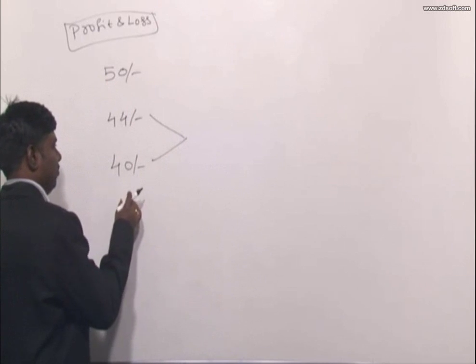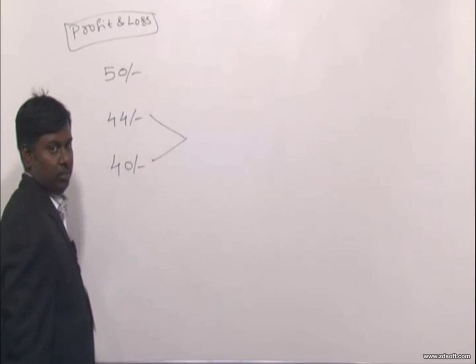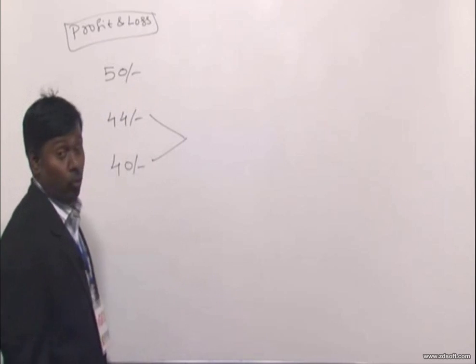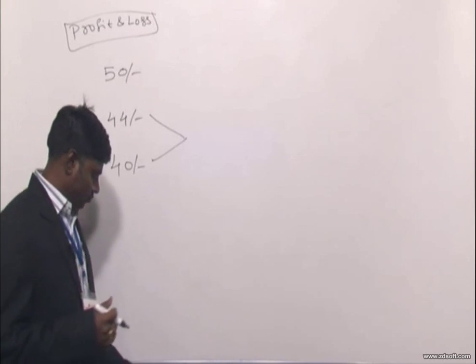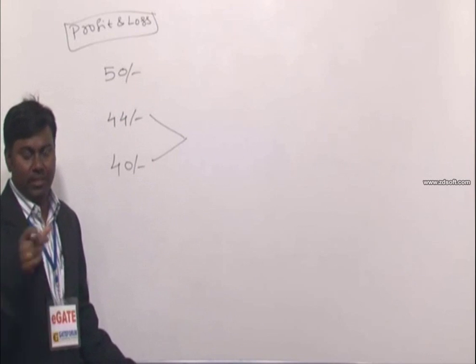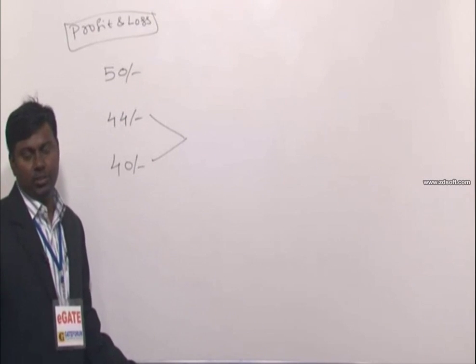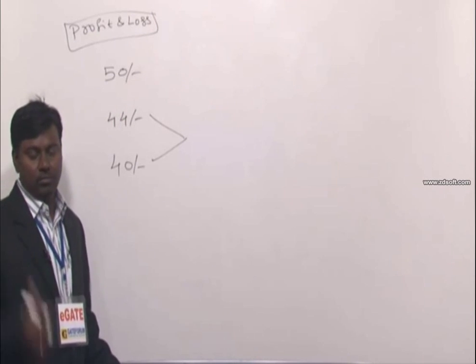by the way, before comparison, let us look at what is 40, what is 44, what is 50. 50 is the price he told. You go to any corporate shop, you find a sticker on each item. In this case it is one dozen bananas.